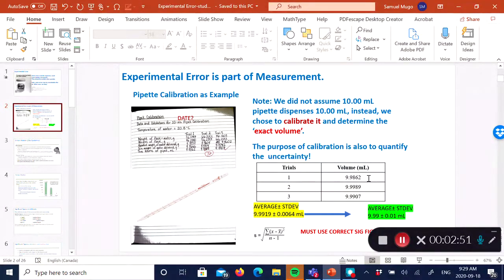Then you tried again, and you didn't get the exact same volume, you got a slightly different volume. If you tried it again, you're going to get a different volume. And when you average and take the standard deviation of all those values, you get the uncertainty. So you can see that experimental error is really part of measurement. You just need to be able to quantify it.